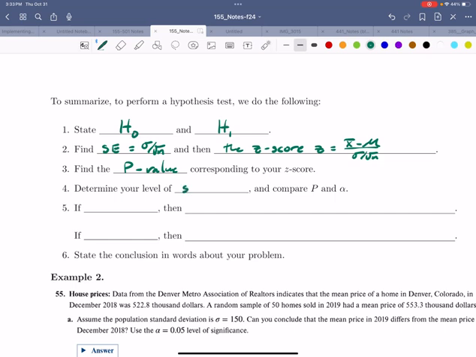Determine your level of significance. That was the whole alpha equals whatever. And we call that alpha. Let me write that over here. And compare p and alpha, right? Now if p is strictly less than alpha, then reject the null hypothesis.